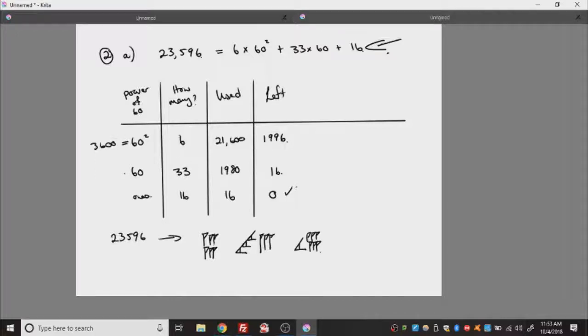We say, okay, if I have 6 groups of 3,600, that is multiplication to get 21,600. If I say 3,600 times 6, I get 21,600, because 6 groups of 3,600 means multiplication. And then I do a subtraction from the original amount.